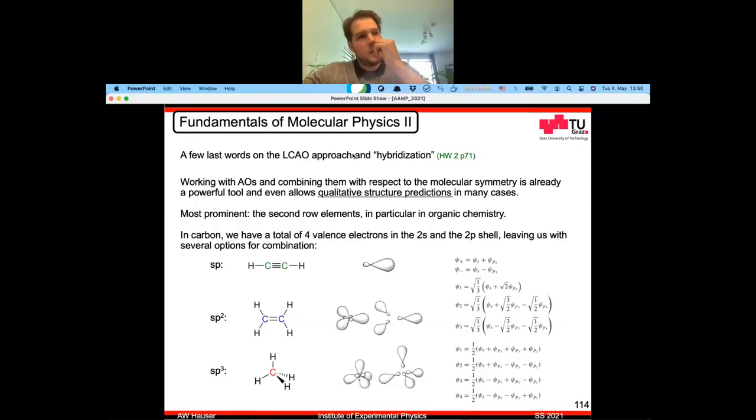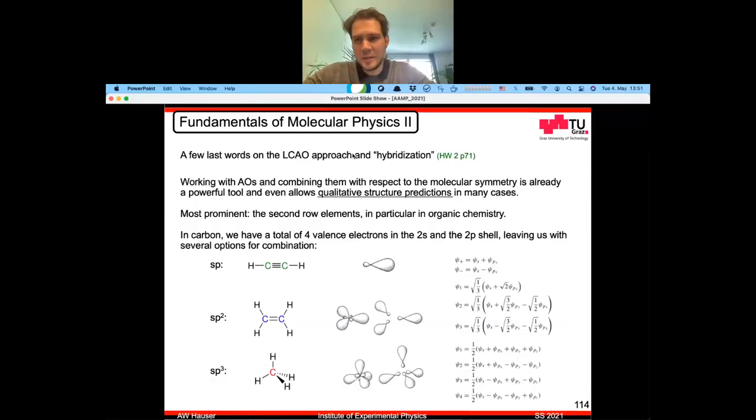In the case of the carbon atom, we have 4 electrons in the valence shell, which is the 2s and the 2p. So we have 1s doubly occupied, then 2s doubly occupied, and then 2 electrons in the p block, with the 3 different types of p orbitals.